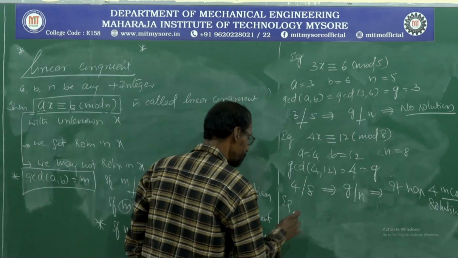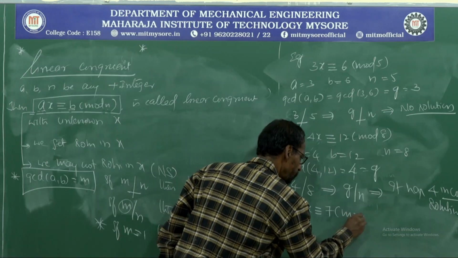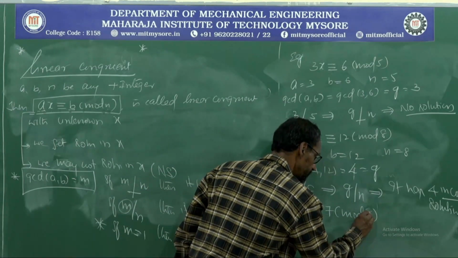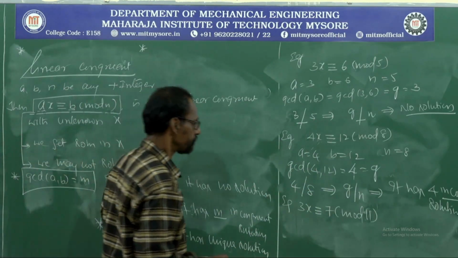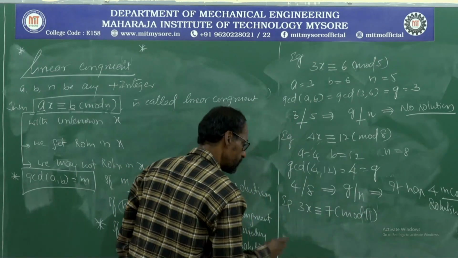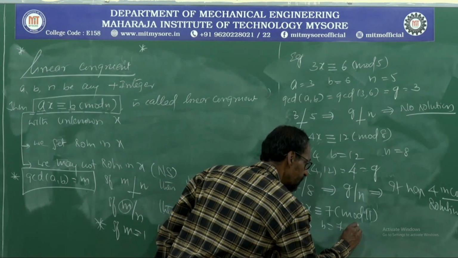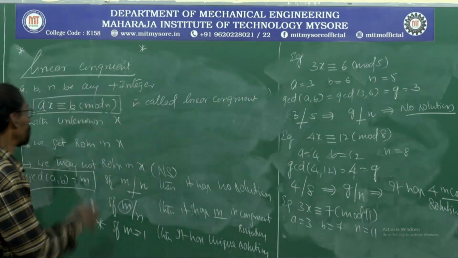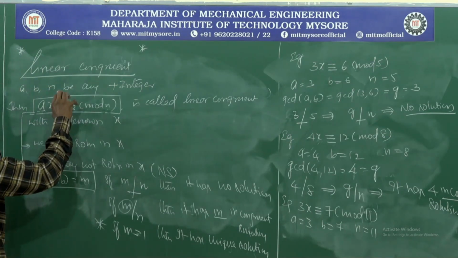I will take a case study: 3x congruent to 7 modulo 11. What is the A value? 3. What is the B value? 7. What is the N value? 11. I am just comparing with my original standard linear congruence equation.